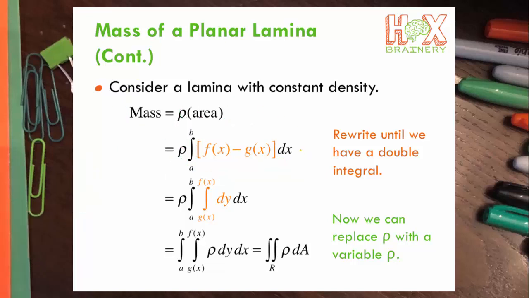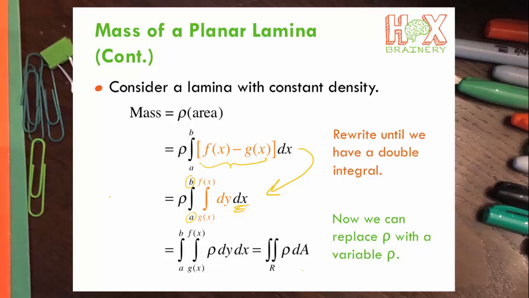Then you're going to rewrite that definite integral as a double integral. You can do this as follows. The dx is the outside integral, your outside differential, with x going from a to b.